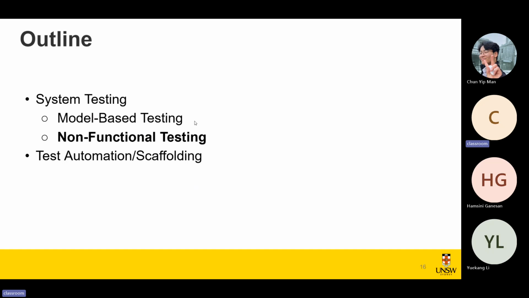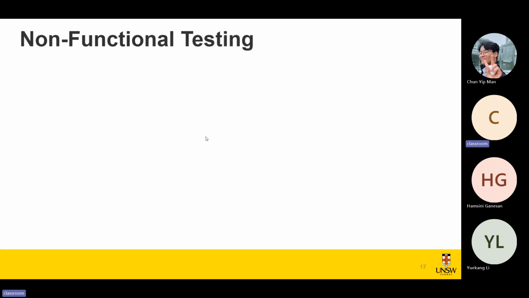After we learned model-based testing, let's move on to some non-functional features that we could use for system testing. Like I just mentioned, non-functional testing here in the context of system testing is not about structural testing. It is more about different quality factors we can use to evaluate the quality of the software. Compared with functional testing, it involves more time, effort, and resources.